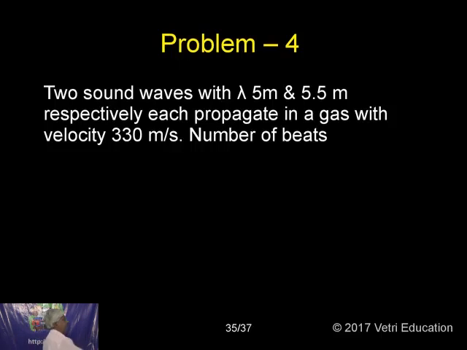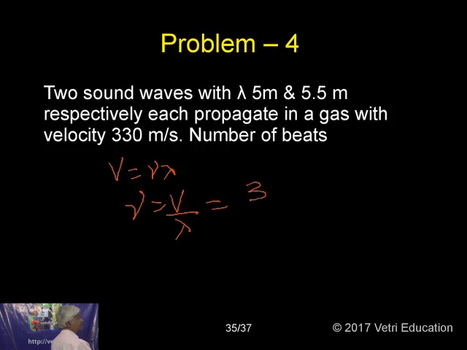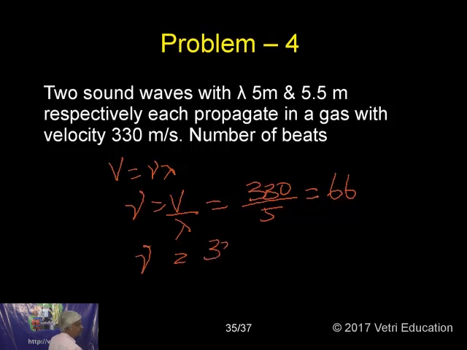We know v is equal to nu lambda, or nu is equal to v by lambda. That is 330 divided by 5, which is 66. For the second case, nu is equal to 330 divided by 5.5, which is 60.